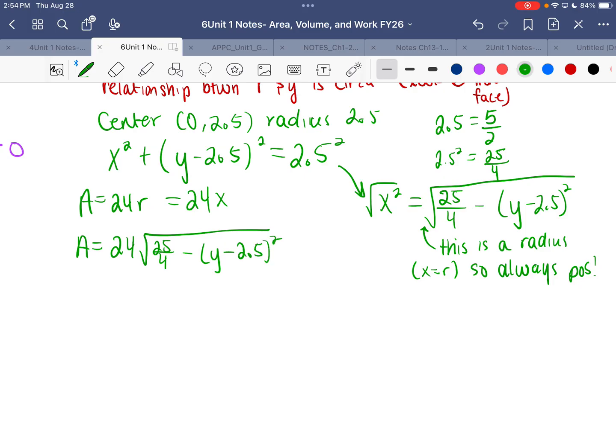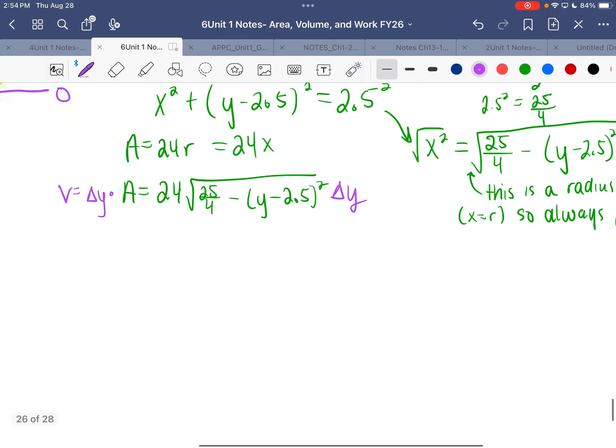How are we going to make this be a volume? Yeah, multiply by delta y. And then our force, what was it, gas?